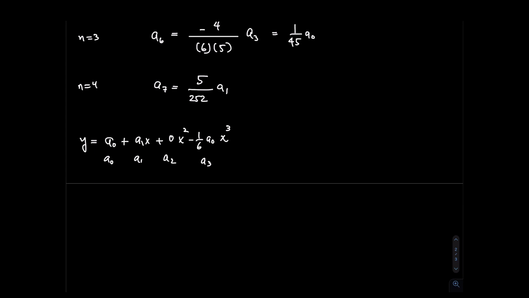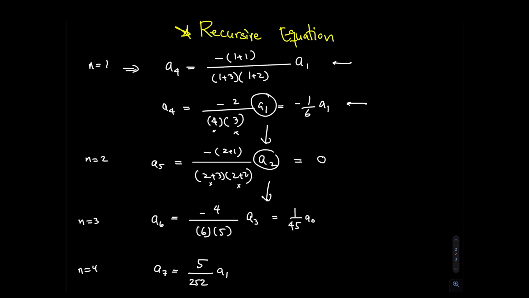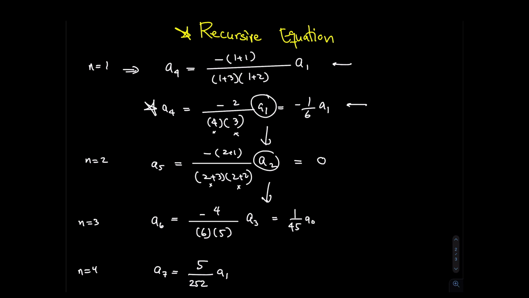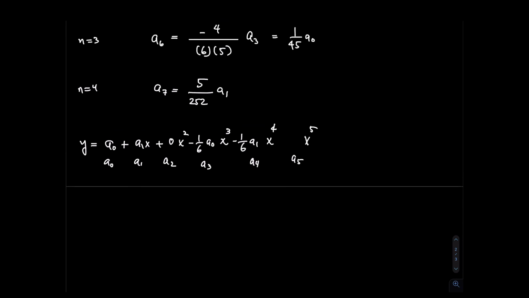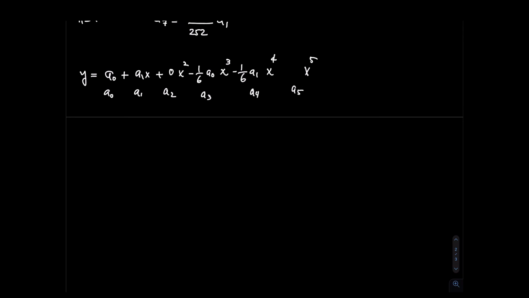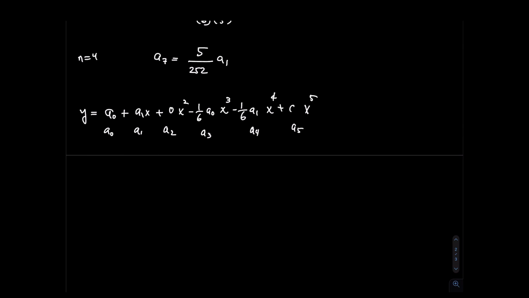And then plus the next one will be x to the fourth, and this is my A4, so let's go find what A4 is. It's minus 1/6 A1, correct? And then the next term is A5, so it's x to the fifth. A5 is 0, so that'll be plus 0.